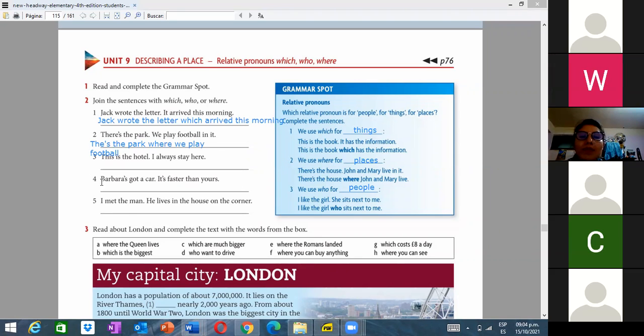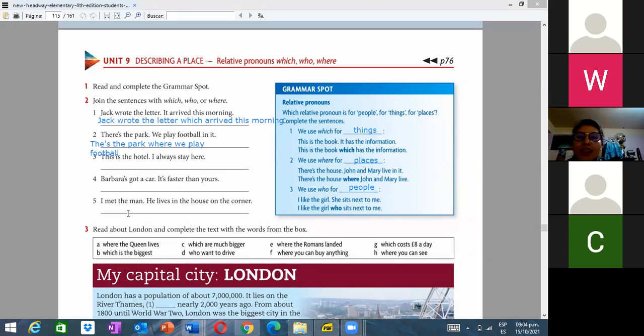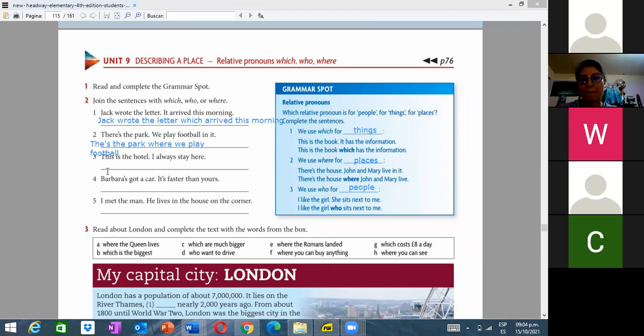Number 3. This is the hotel, I always stay here. Come on. Repeat it, please, Kevin. This is the hotel. Ya, bien. Estamos hablando de un hotel, ¿cierto? ¿Cuál es el relative que vas a usar? Where?